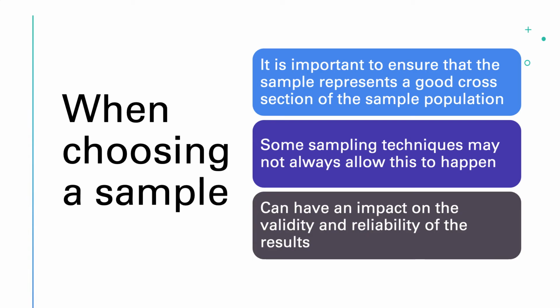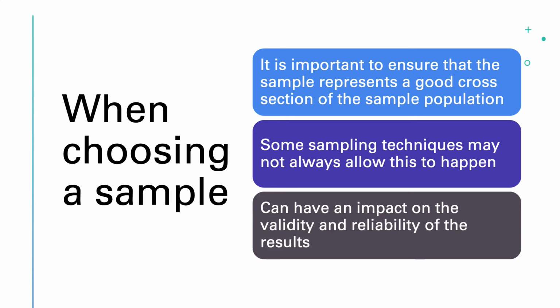So, a good representation of males and females, transgender, a good representation of different age groups, and of people from different backgrounds and different religions, because then you can compare all the information you get and come to a conclusion, and that conclusion will be based on the opinions of people who represent all the different types of people that live in society.